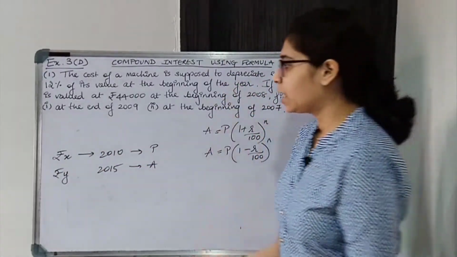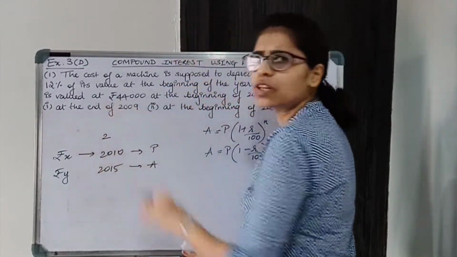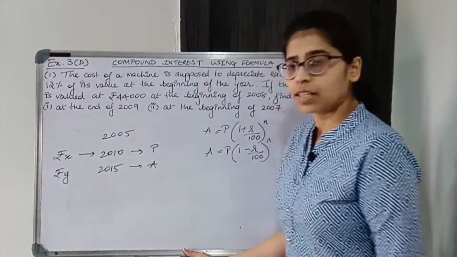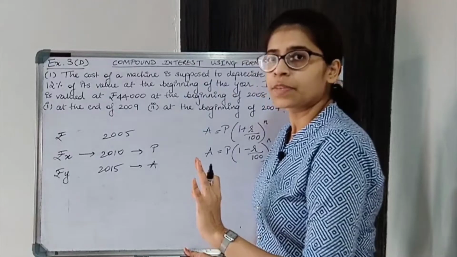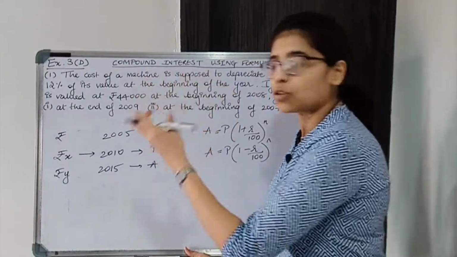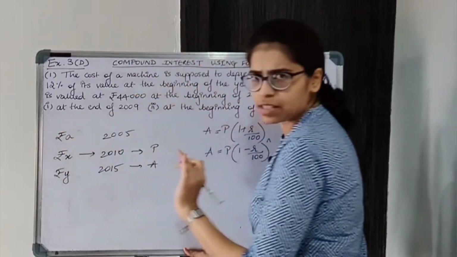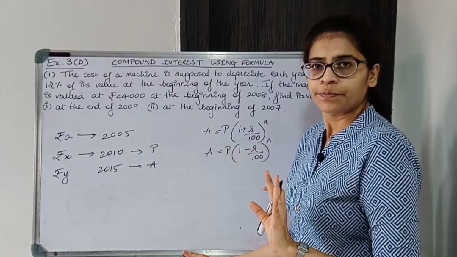Let's say you have to find the costing in the year before 2010. So let's say 2005. And let's say in 2005 it has increased or decreased or whatsoever. Its price earlier was more or less, let's say it was A rupees. We are just assuming in 2005.